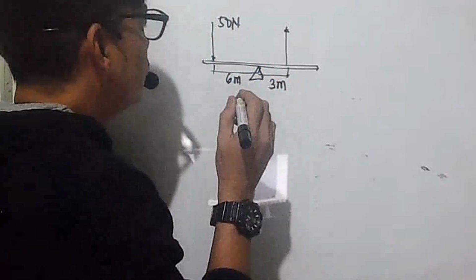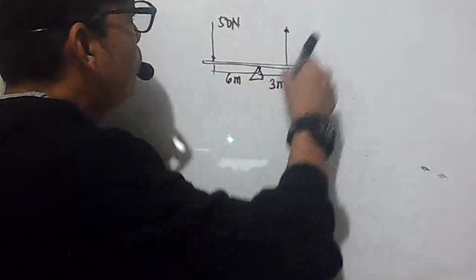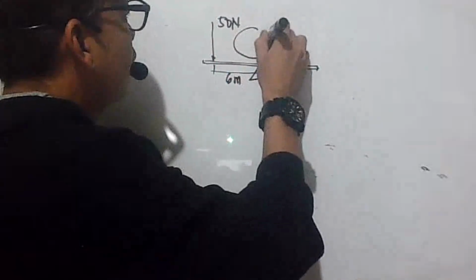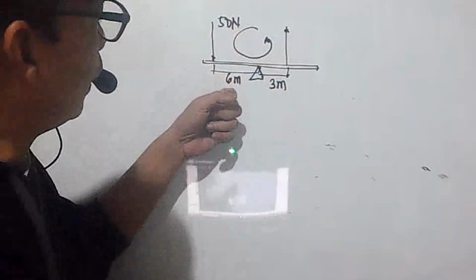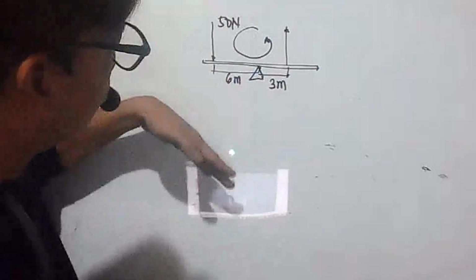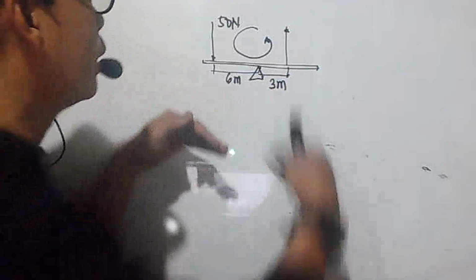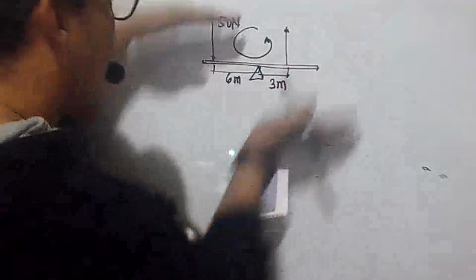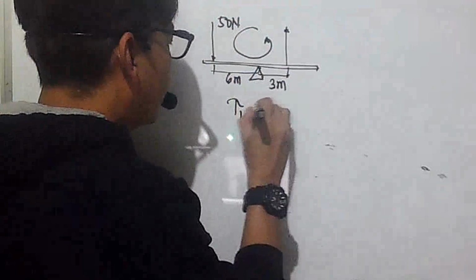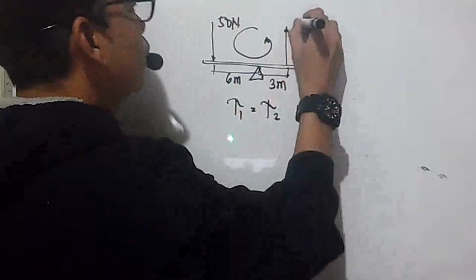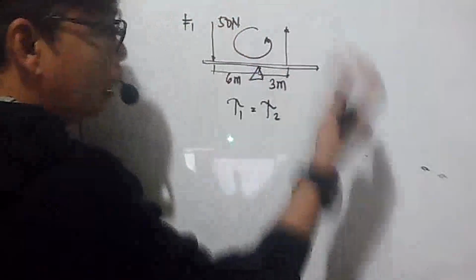The direction is counterclockwise for both, since they are equal. Meaning whatever force you apply here, the torque that this side produces will be equal to the torque that this one will produce. So your torque 1 is equal to your torque 2. This is your F1 or your input force.